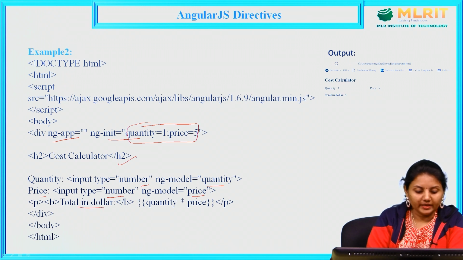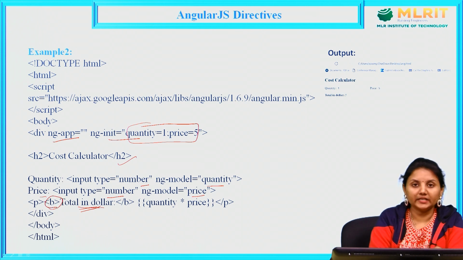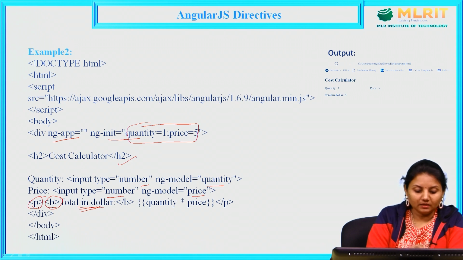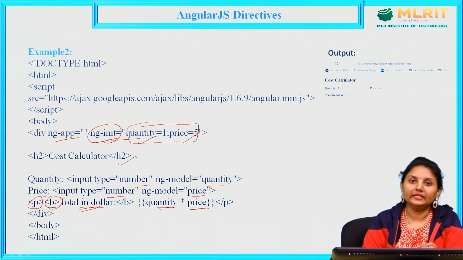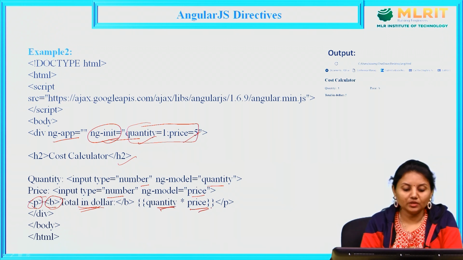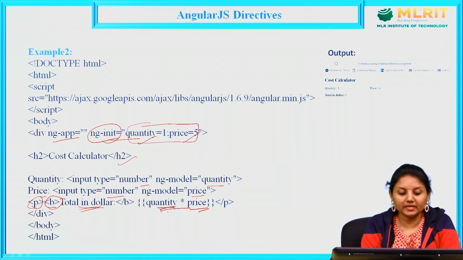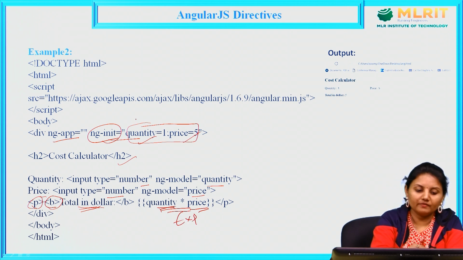And total in dollar is nothing but you are printing that in bold. B stands for bold here in the paragraph. That you are printing here as quantity times price. So the values you have already taken during the initialization, and here you are taking quantity times price. This is the expression. This is the data where you are going to initialize.